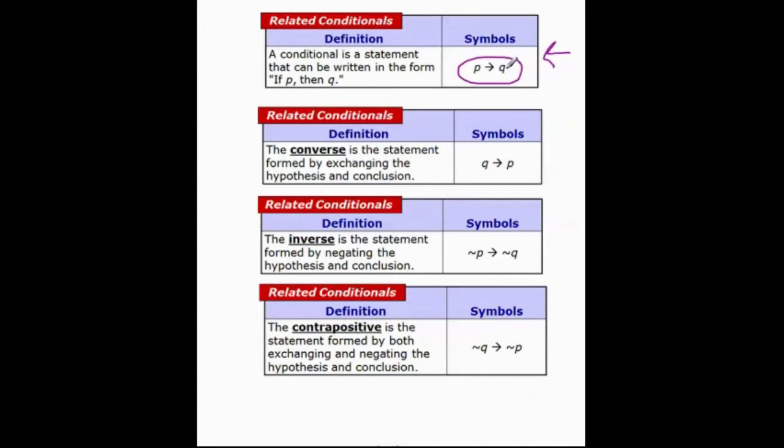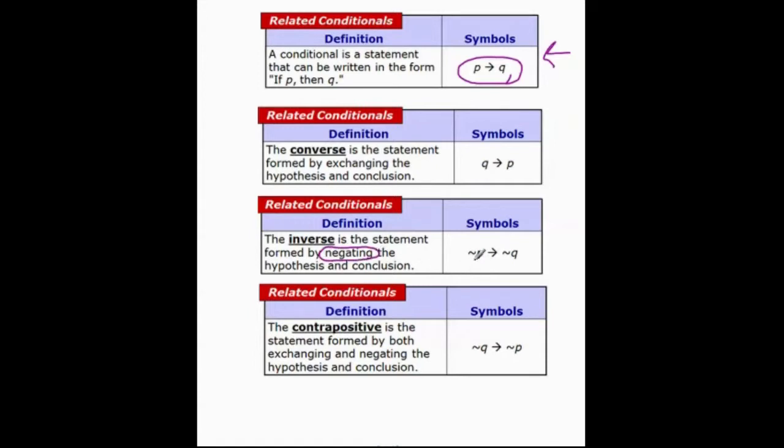If P, then Q. Then we have the converse, sort of like flipping things. So that Q went over here and the P went over here, and we have if Q, then P. The inverse, we're negating. That's a key word in our logic process.